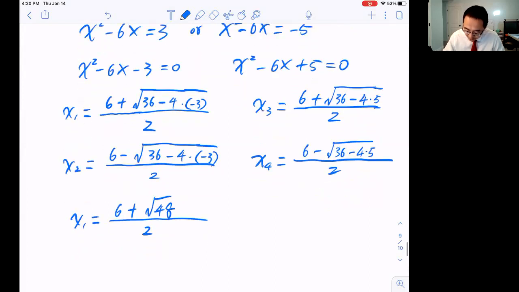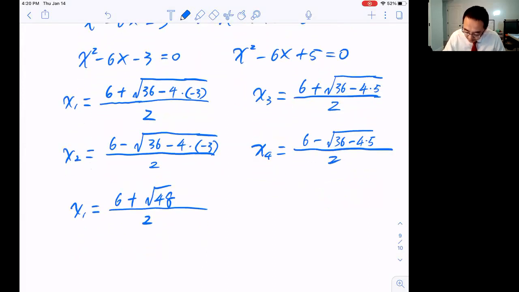Okay, so that equals 3 plus, the square root of 48 is what? 16 times 3, right?